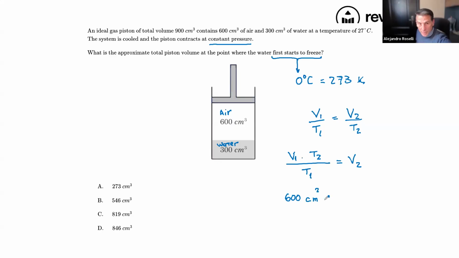Not the Celsius part. The Celsius needs to be converted into Kelvin. And the temperature in the final state will be the one in which water starts to freeze, 0 degrees or 273 Kelvin, divided by the initial temperature, which was 27 degrees, which converted into Kelvin would be 300 Kelvin.